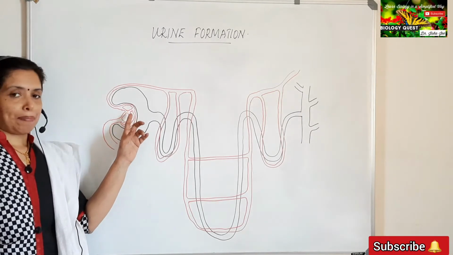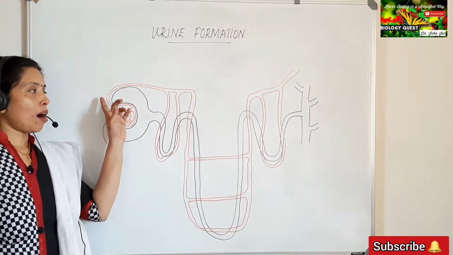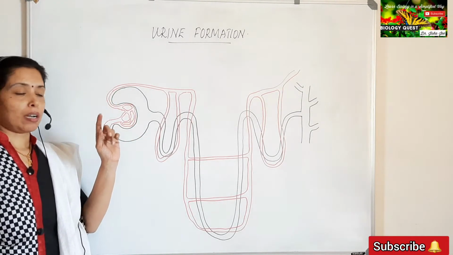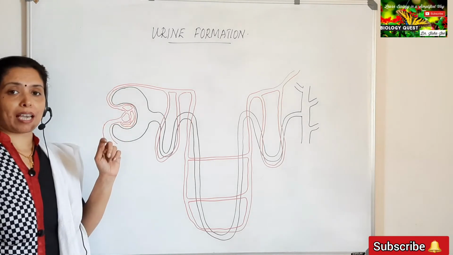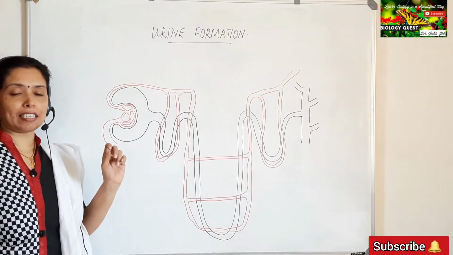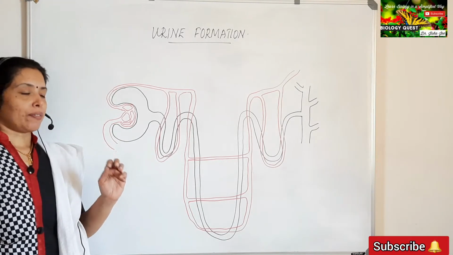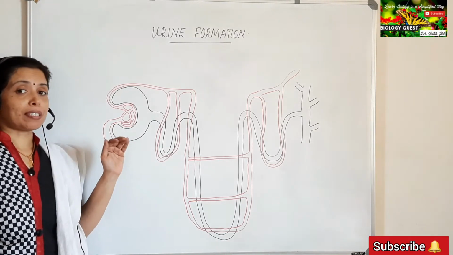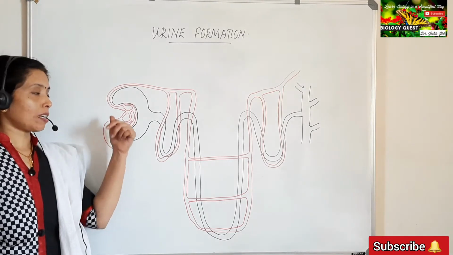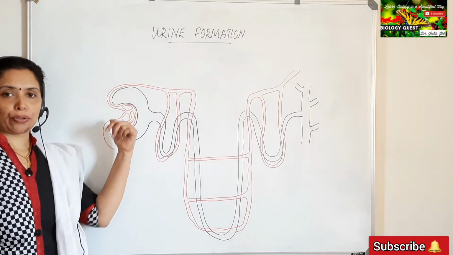These capillaries rejoin and come out of the Bowman's capsule as the efferent arteriole. In the last class we have seen that there is a difference in diameter between the afferent arteriole and the efferent arteriole.